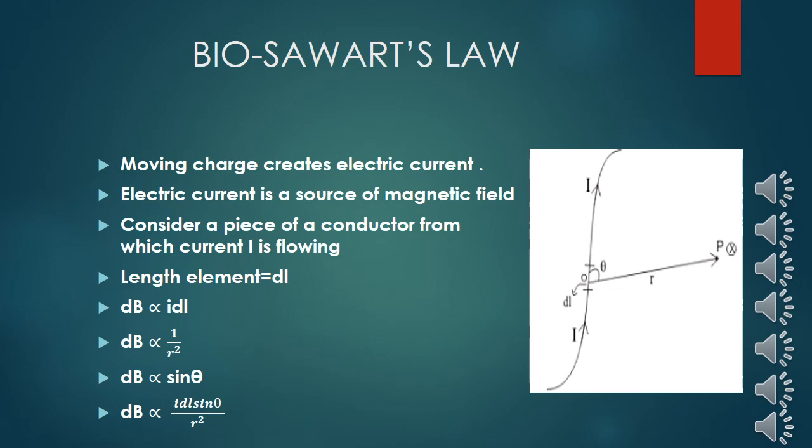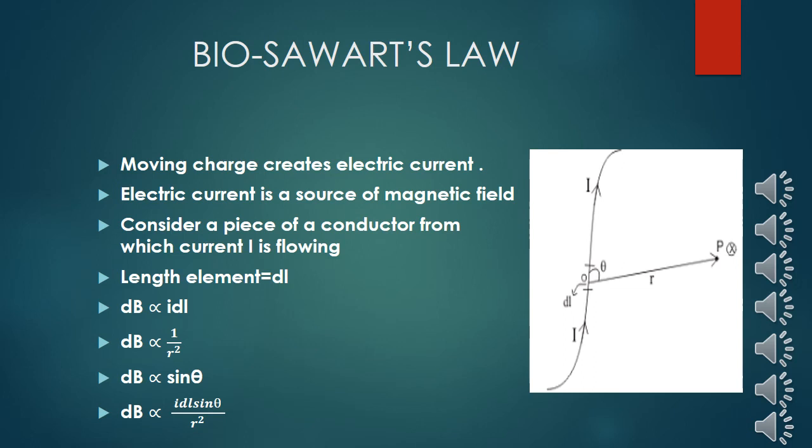He says dB is directly proportional to Idl. Magnetic field is directly proportional to current and is also directly proportional to current element. If current element is larger, then strength of the field increases. If current is larger, then also strength of the field increases.